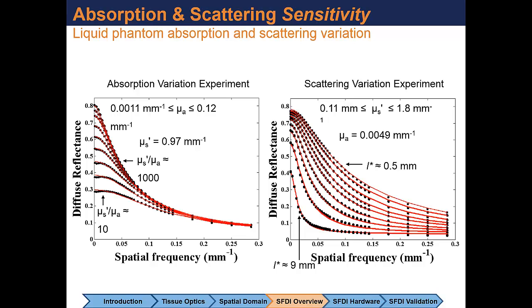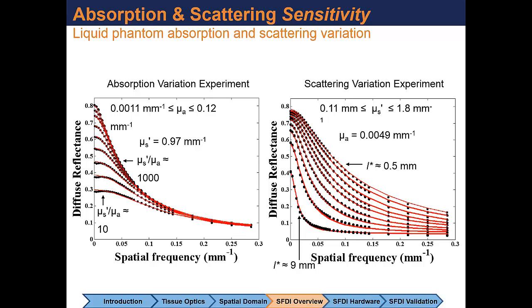And you can imagine if you're a photon, traveling at least through the infrared, where things are very turbid, the chance of you getting absorbed is a lot lower than the chance of you getting scattered. So you're going to have a lot of short interactions with scattering, but absorption is going to take a lot longer distance for it to have its effect. So that's why at high frequencies, there's little absorption contrast, because the photons just haven't had time enough to get absorbed.